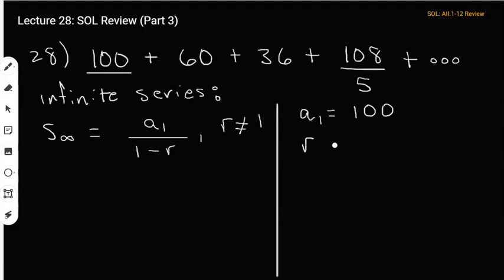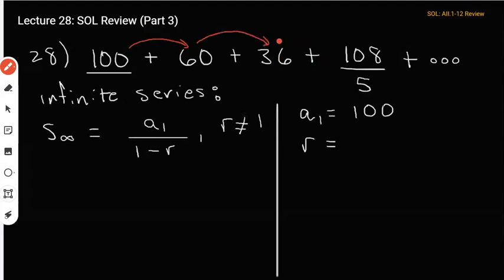And then what is R? R is going to be the number that we multiply by to get from one term to the next. So what do we have to multiply 100 by to get to 60? And what do we have to multiply 60 by to get to 36?